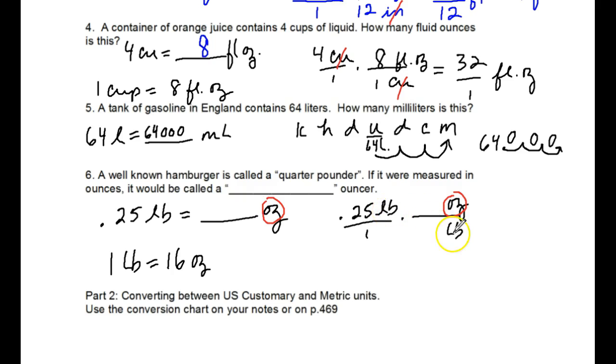I'm converting it to ounces. Since 1 pound is 16 ounces, I'll put my numbers in my conversion factor. I'm going to cross cancel the labels. Take 0.25 times 16, you're going to get 4. So it would be called a 4-ouncer. Doesn't sound quite as good as a quarter pounder, does it?